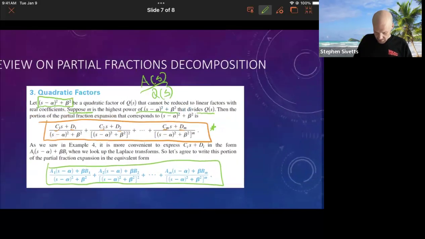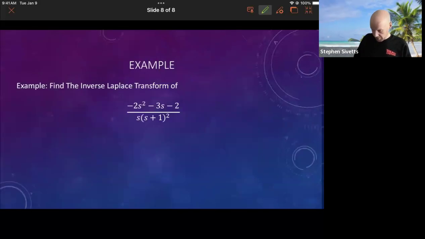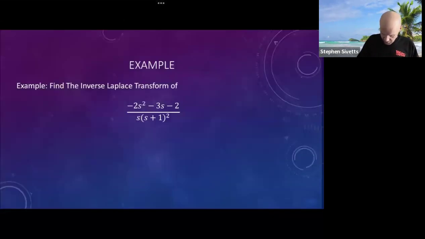So let's look at another example here. Figure out the inverse Laplace transform of, oh, I did this already.